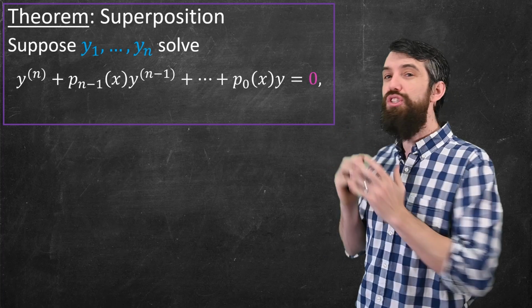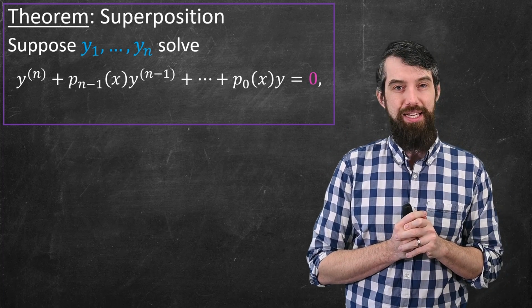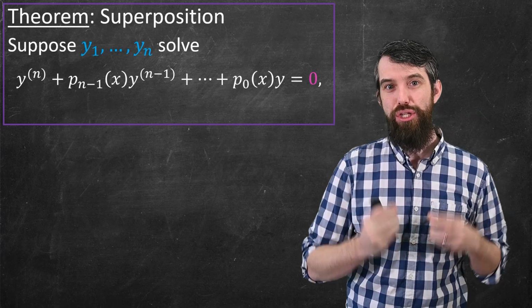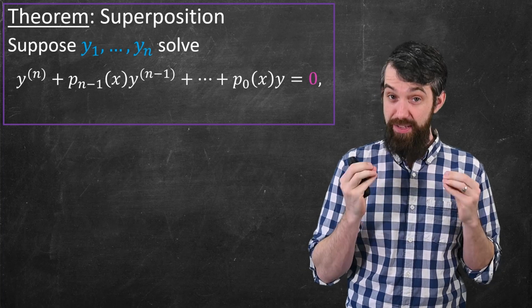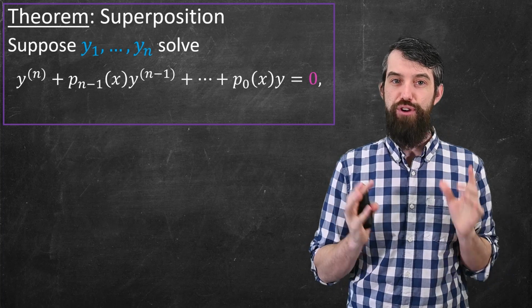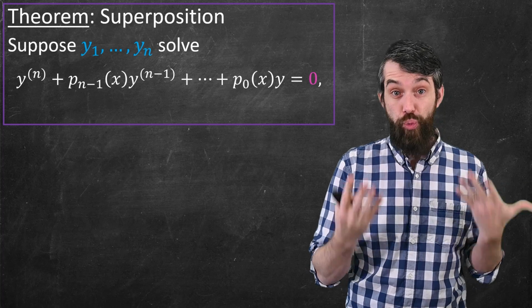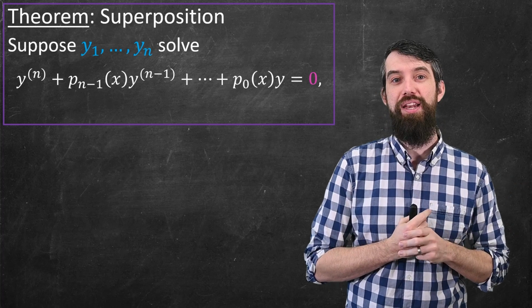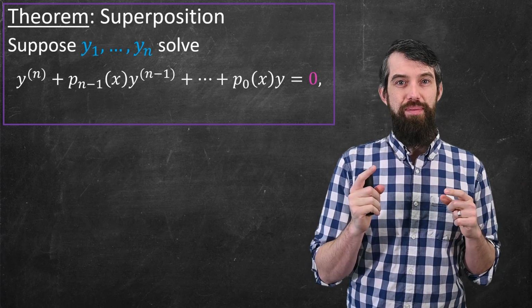It's the principle of superposition. And this is the idea. Imagine you have n solutions to an nth order, and this is important, homogeneous differential equation. Homogeneous meaning the right-hand side was equal to 0, as I've highlighted in pink. Then the idea is this.